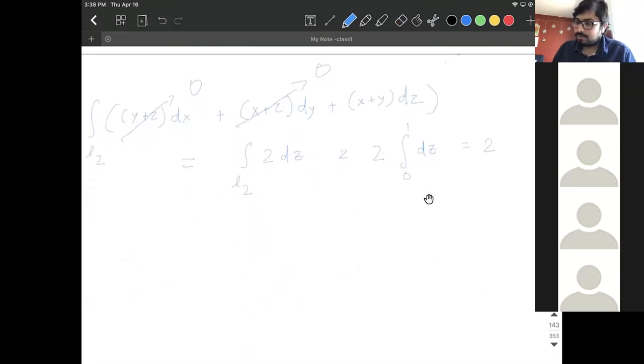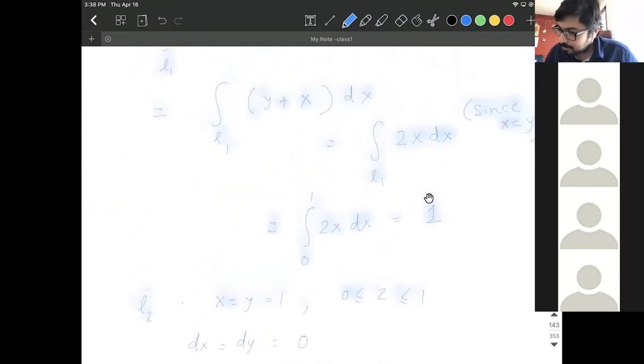And finally on L3. So L3 is given by the last one. So y and z are constants, and 0 is less than or equal to x, which is less than or equal to 1. Now you have to remember the picture.